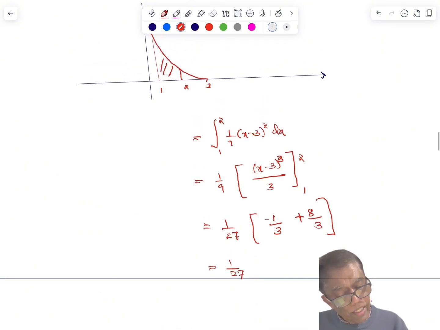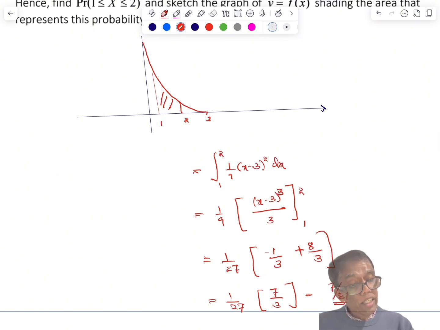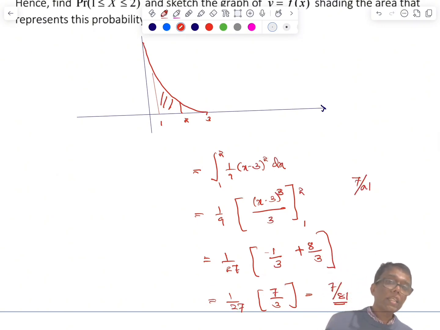So 1 over 27 times 7 over 3. Therefore, the answer is 7 over 81. Therefore, the required probability is 7 over 81.